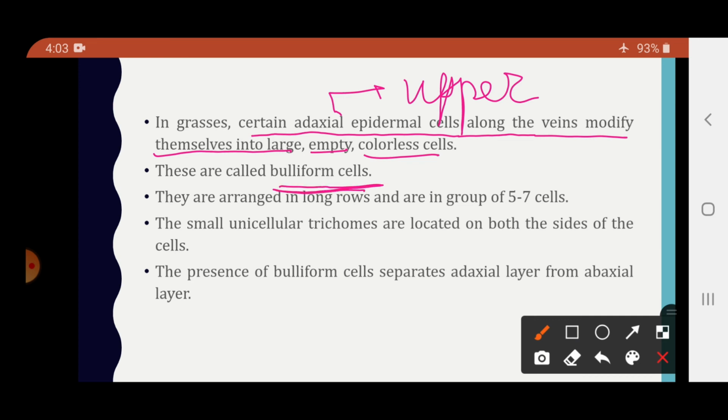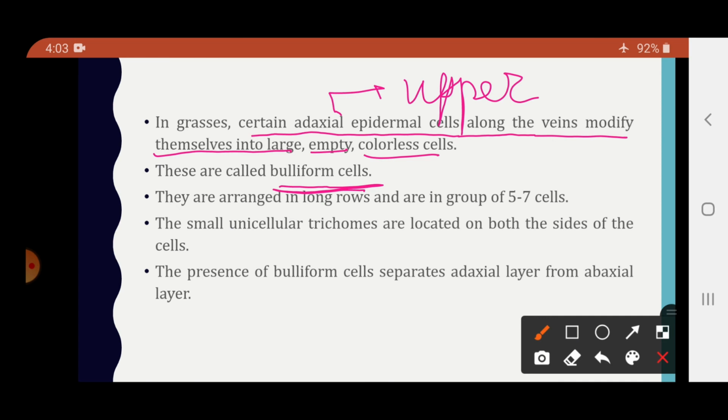So basically the bulliform cells differentiate the upper epidermis from the lower epidermis. In the grasses, certain upper epidermal cells get modified into large colorless empty cells. These cells are called the bulliform cells.